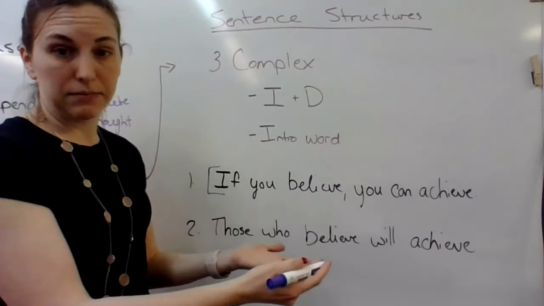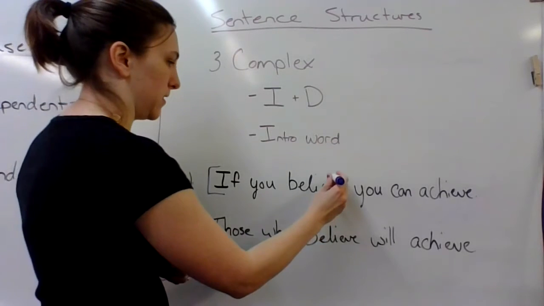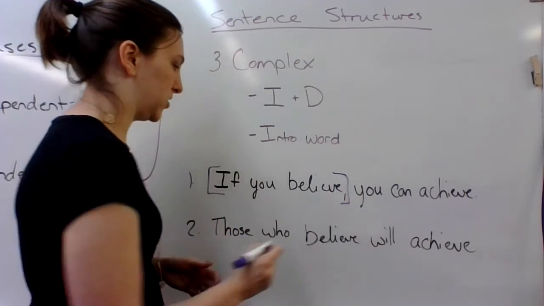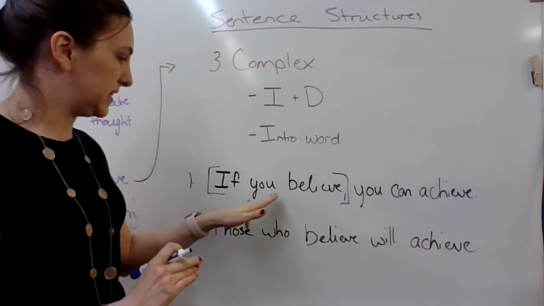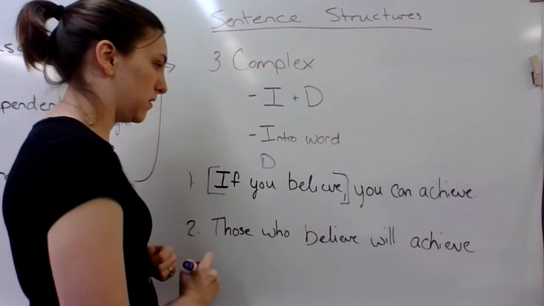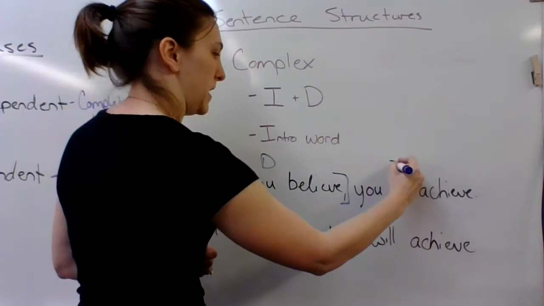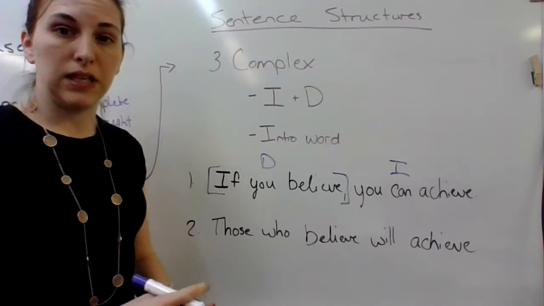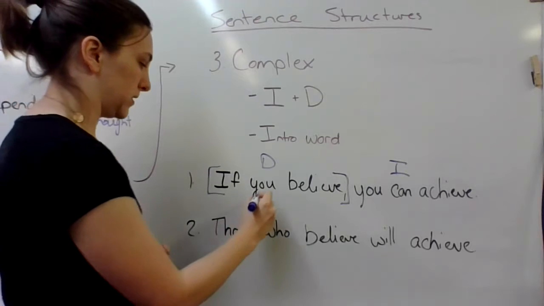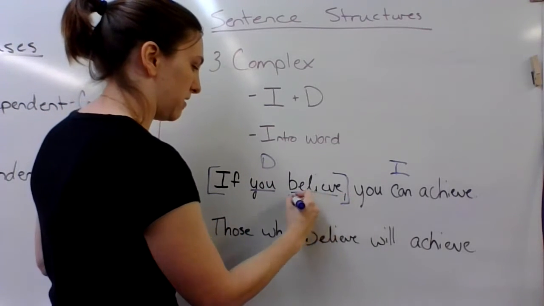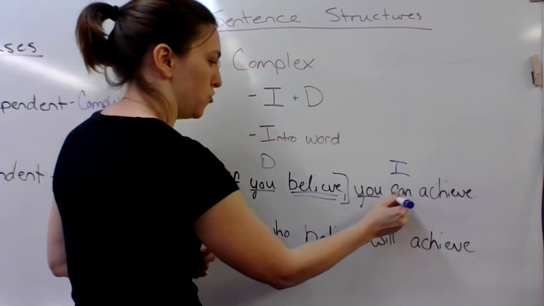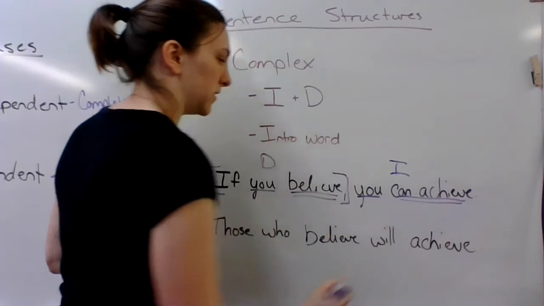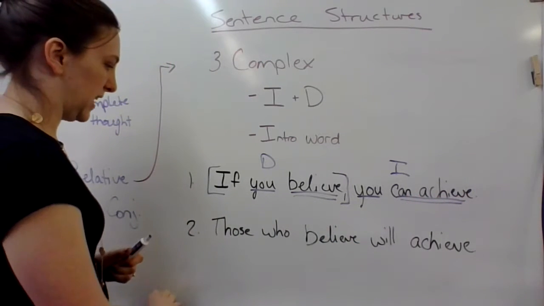Many times they will have commas with them, if you remember from that. And it stops right there. This is the dependent clause, and this is the independent clause. I can even find my subjects and verbs as they correlate to each clause: you believe, you can achieve. It's really just as simple as that.